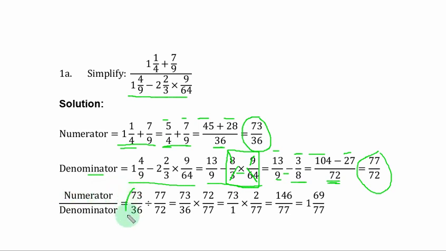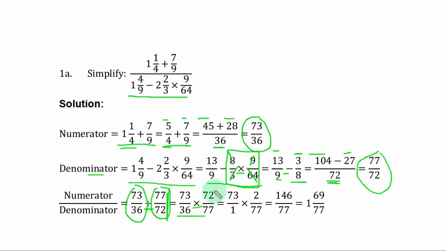Now we combine the numerator and denominator. This is the result for the numerator divided by the result for the denominator. As you know, in fraction division, the division sign changes to multiplication, and you invert the fraction on the right side of the sign. So you have it in this form.